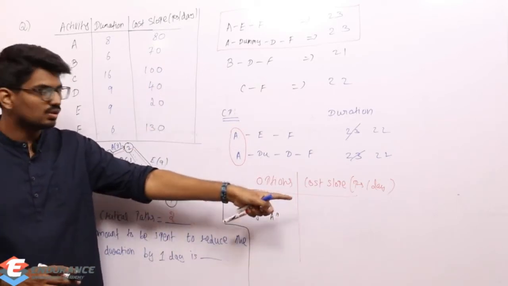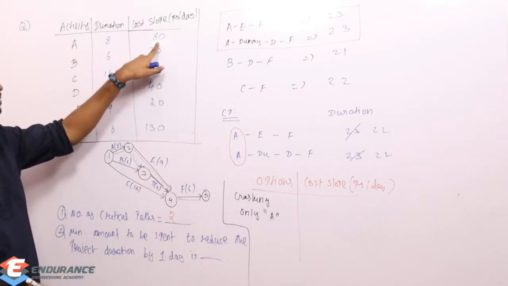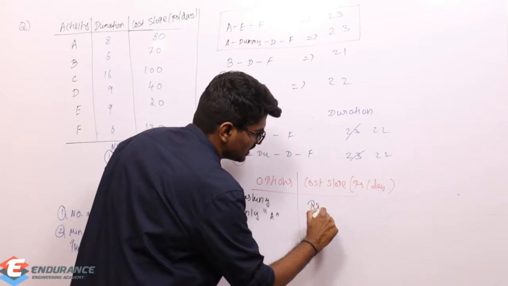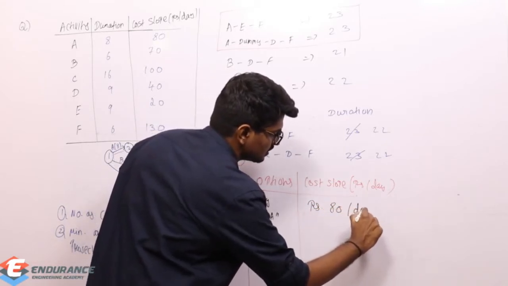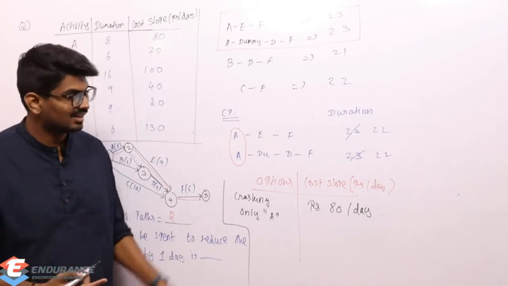And the cost slope for crashing A by 1 day is going to be rupees 80 per day.